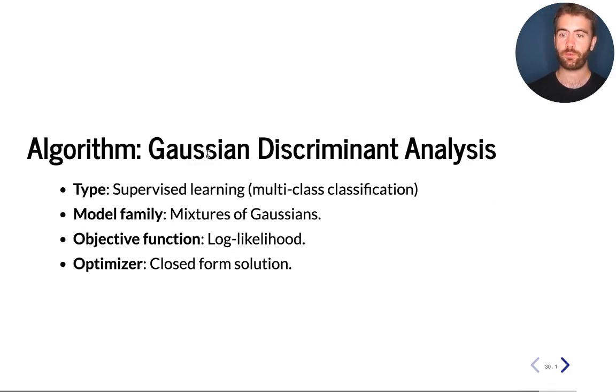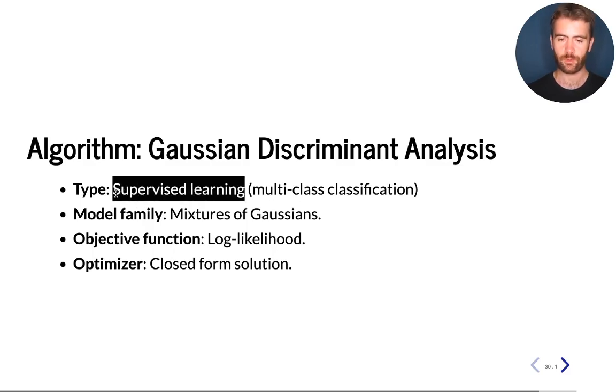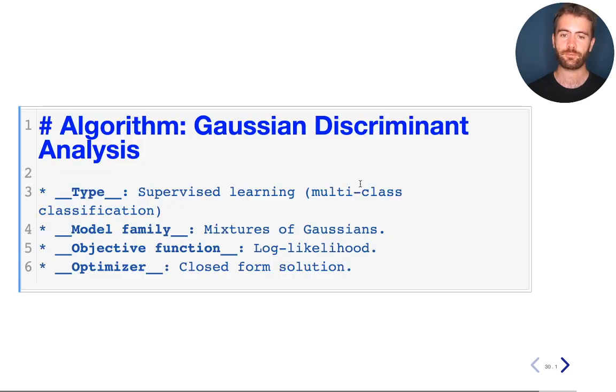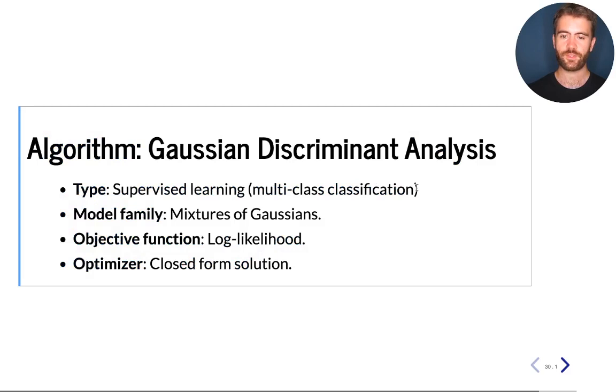So we have defined a new algorithm called Gaussian discriminant analysis, which is a supervised learning algorithm. And actually, it's an algorithm for multi-class classification. This is again another of these misnomers. For historical reasons, this is called discriminant analysis, but in modern machine learning, this is actually a generative algorithm.